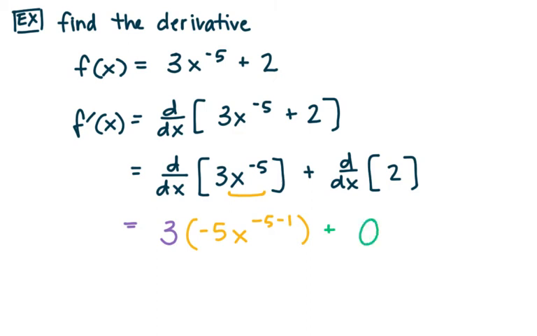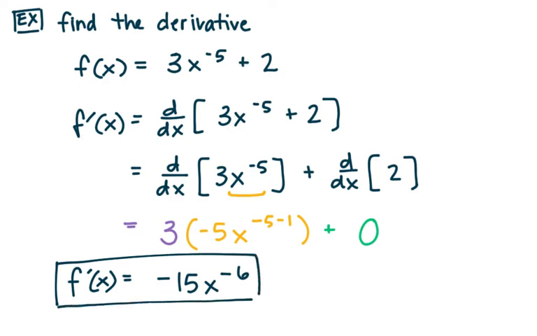So by the rule, the derivative with respect to x of 2 is going to equal 0. So let's clean this up and simplify. 3 times negative 5 gives me negative 15x to the negative 6. Again, that's equal to f prime of x. Your answer needs to say f prime of x or dy dx.